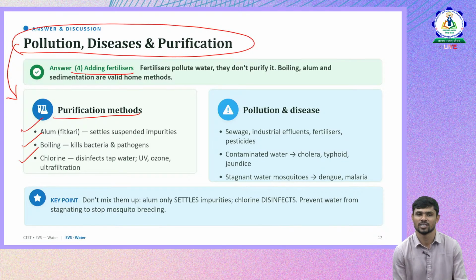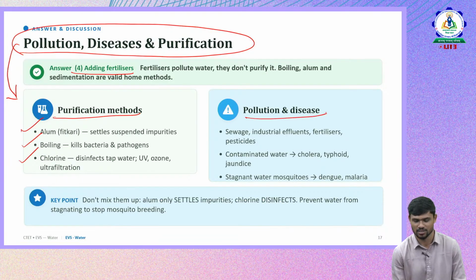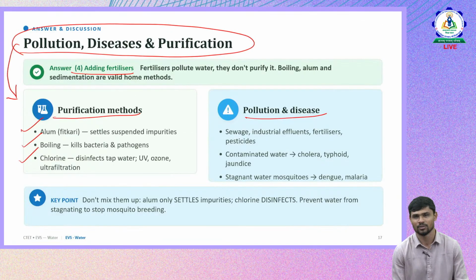In many places chlorine is used to kill the germs and to give filtered water to the people living there. Then pollution and diseases. There are different causes of pollution. Here they are talking about water pollution only, not any other pollution.